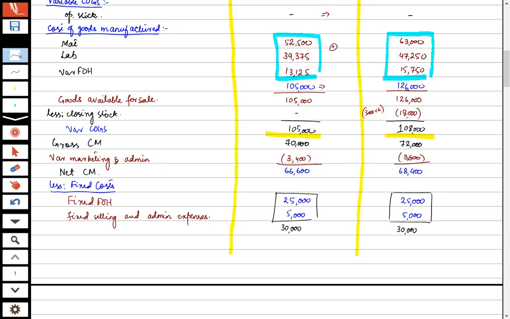And when we deduct it, 66,600 minus 30,000 would be 36,600.